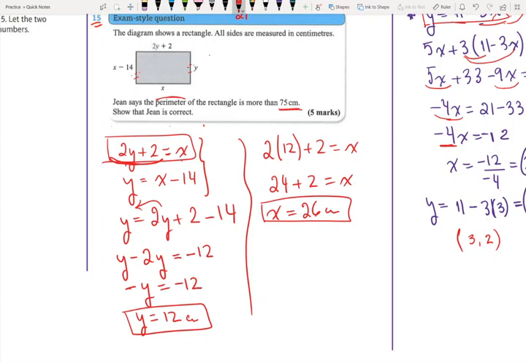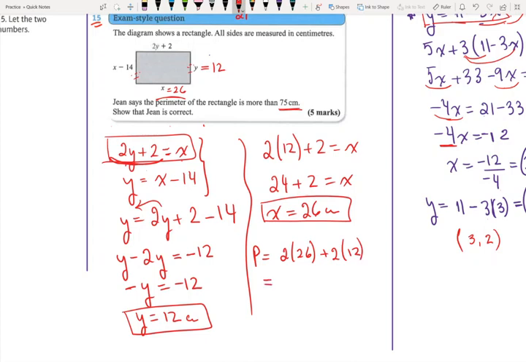So if I want to replace the values here, this is the width, which is equal to 12, and this is the length, which is equal to 26. Now we need to find the perimeter, and you know that the perimeter is the sum of the sides of the rectangle. So you have 2 times 26, and the two sides of 12, so it's plus 2 times 12.